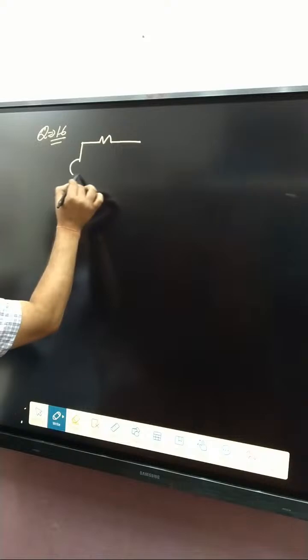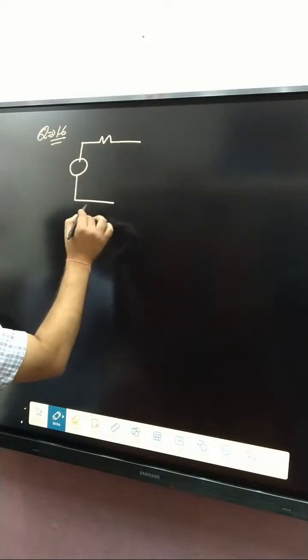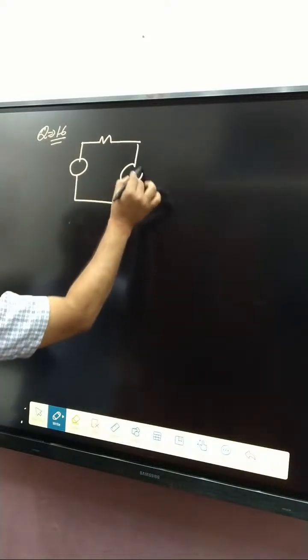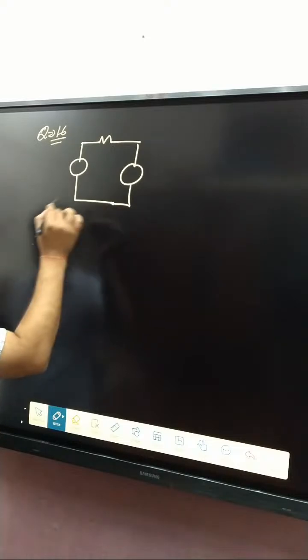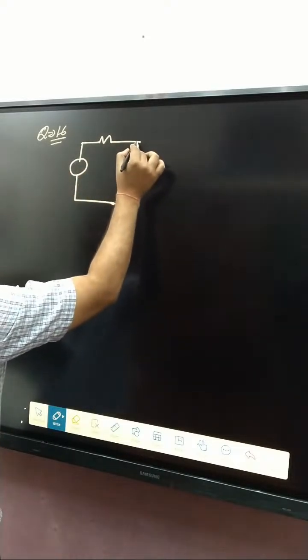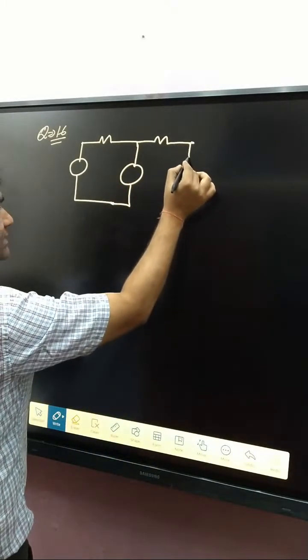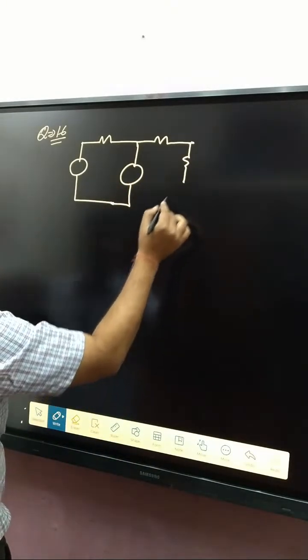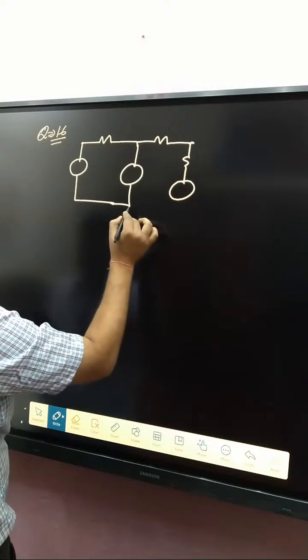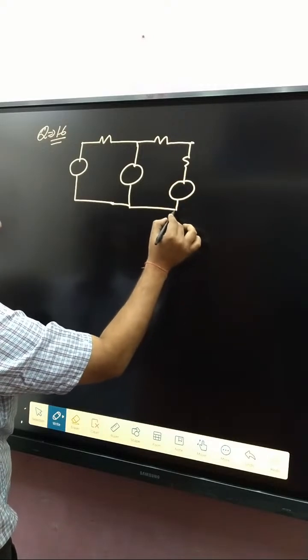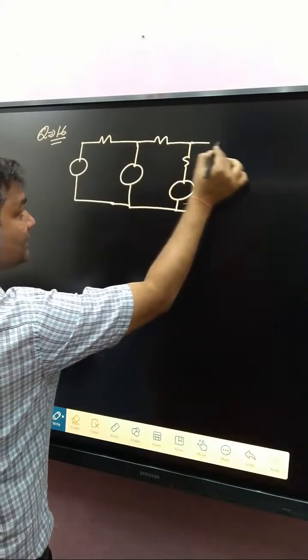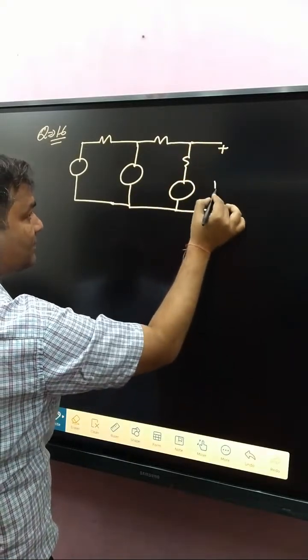That is plus minus. After that, a current source. After that is 6 kilo ohm, and that one is 5 kilo ohm. Minus plus, and that one is V naught.